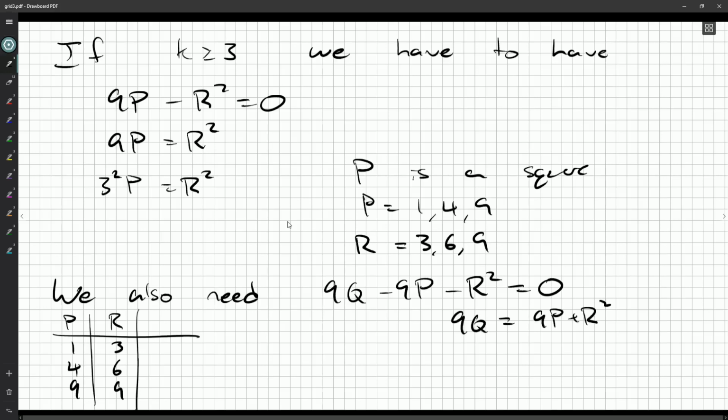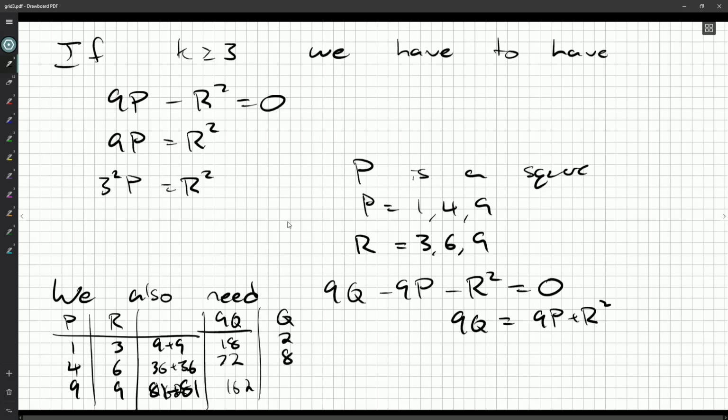So that would be 9 plus 9, or 36 plus 36. Oh, because it's going to be the same number. So 72. So 9q has to be 18, or 72, or 162. So that would be 81 plus 81. And dividing by 9, we'd get q is 2, 8, or that's going to be too big, because that's 18.